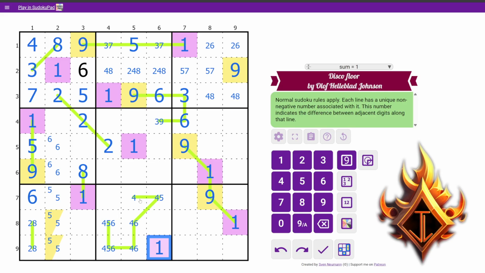Now, so we have 4 digits known out of 6. A 2 will be in one of those.